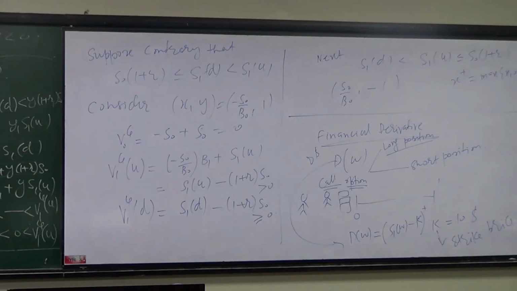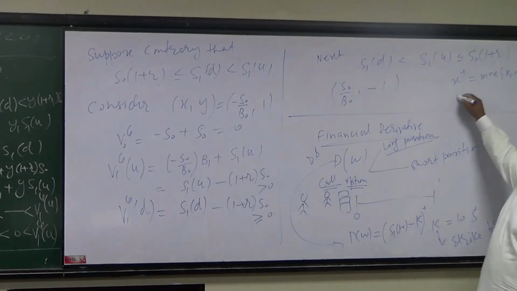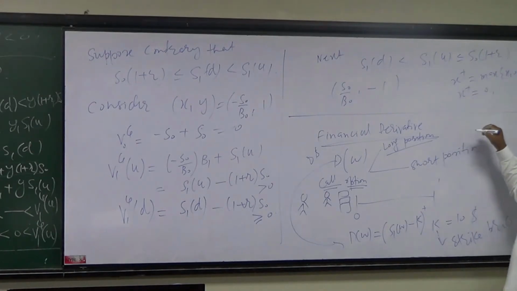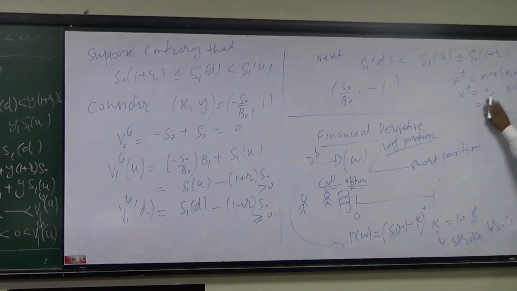When is X plus going to be 0? When X is less than 0. When X is bigger than 0, it is going to be X.